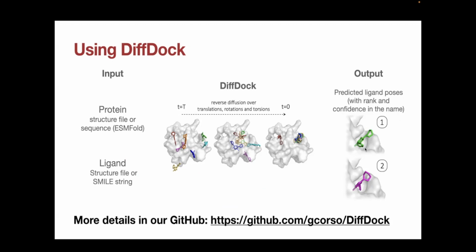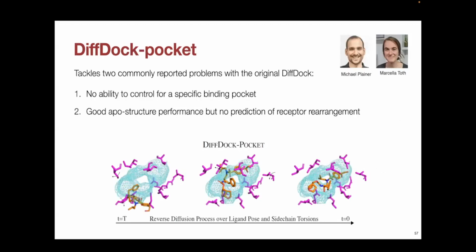We also wanted to give a brief overview of a follow-up work that we are going to be releasing soon called DiffDock-Pocket, where we tackled two of the commonly reported problems with the original DiffDock by many people that have been using it.